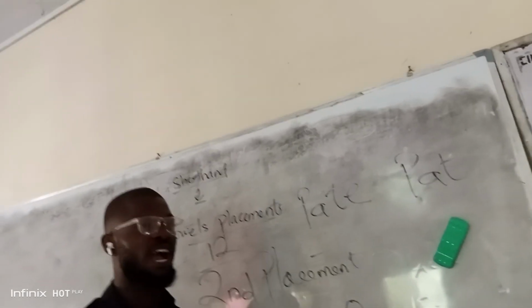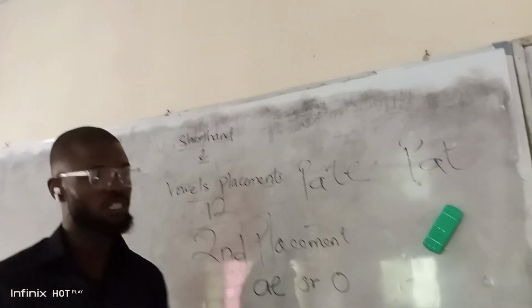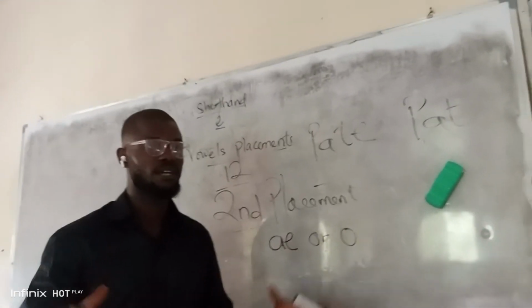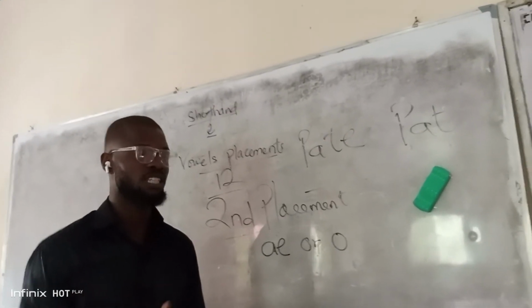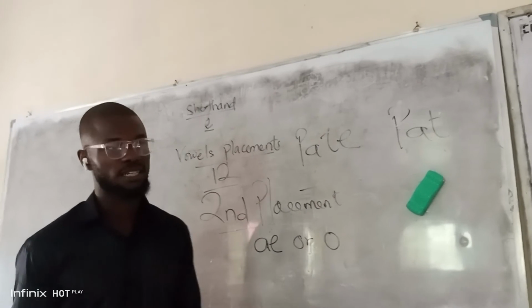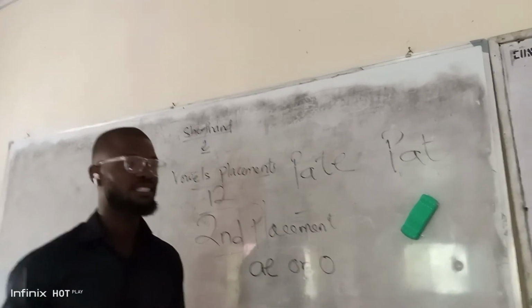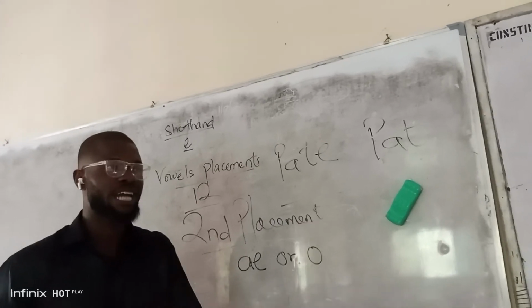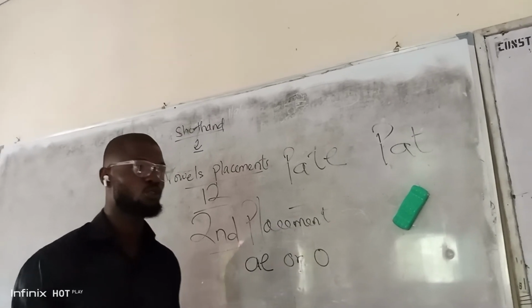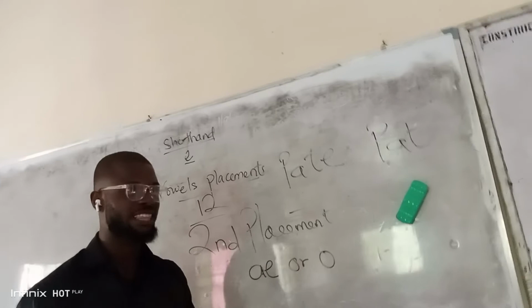Now, here we digress into English. Like I said, English and shorthand, they go hand in hand. In English, you can describe to shorthand, and in shorthand is English. So shorthand is another way of writing so fast to meet up with your expectation.